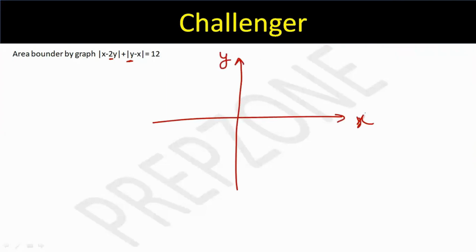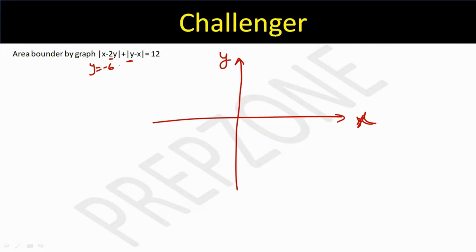If both are positive, what is that equation? x will get cancelled, then y equals minus 12. y equals minus 12.